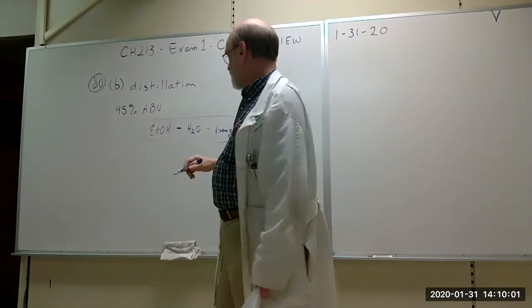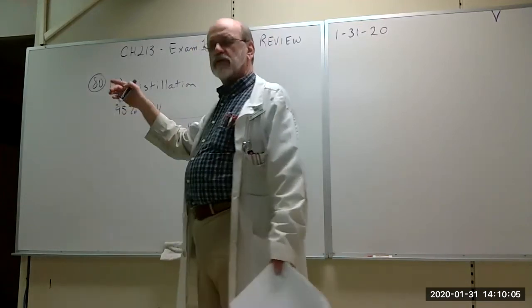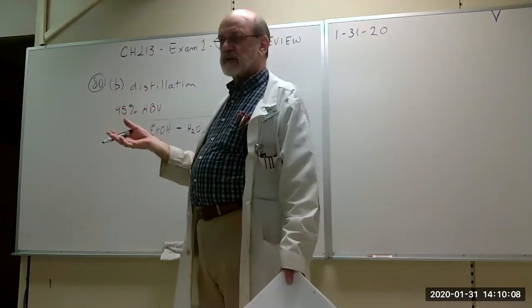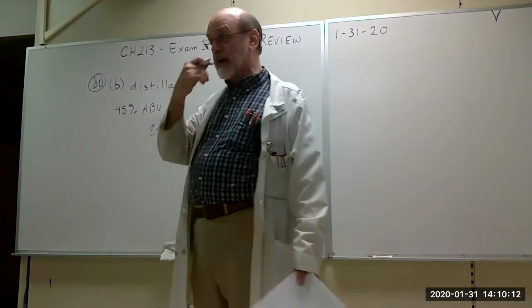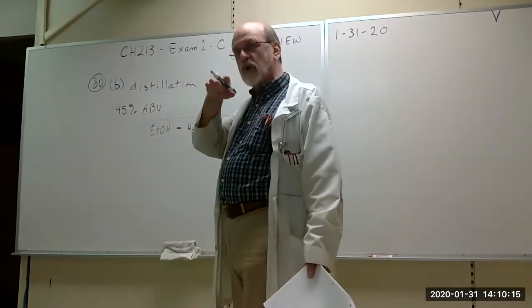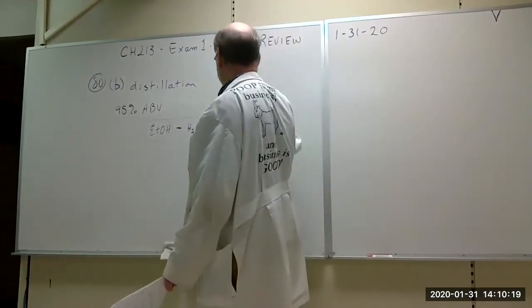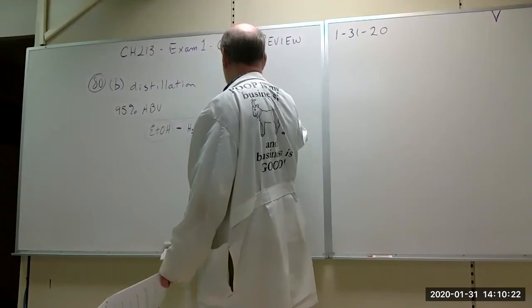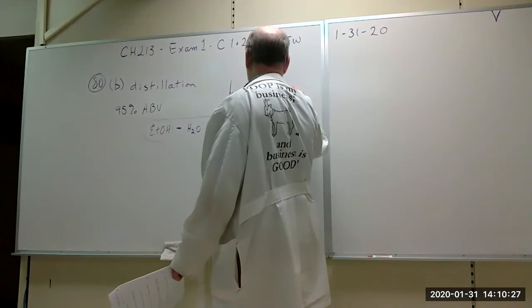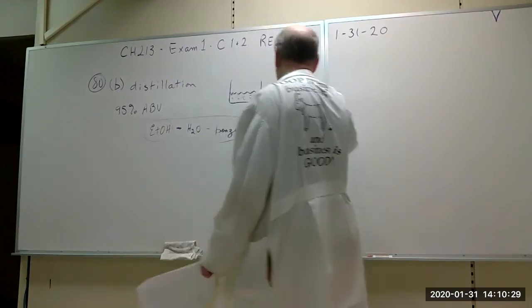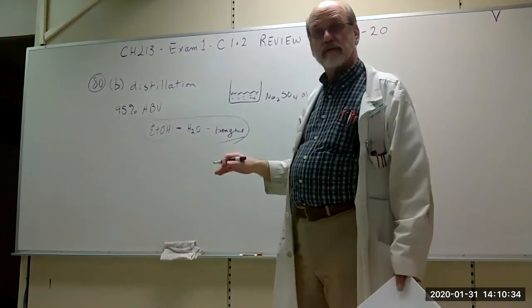The other way is to filter your 95% ethanol through some crystalline solid that attracts water. I used to do that in the lab. It's good for small scale, not for mass production. So I would have a bed of sodium sulfate, and this would be solid, perfectly dry.